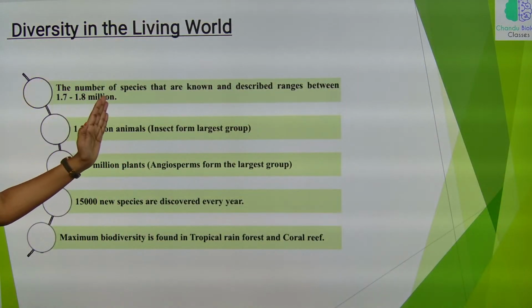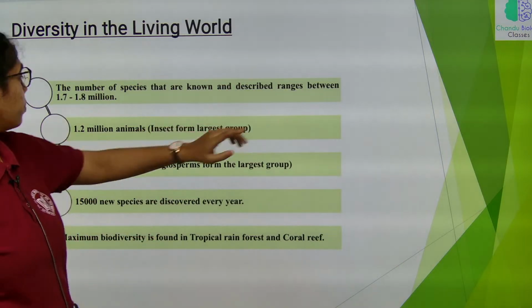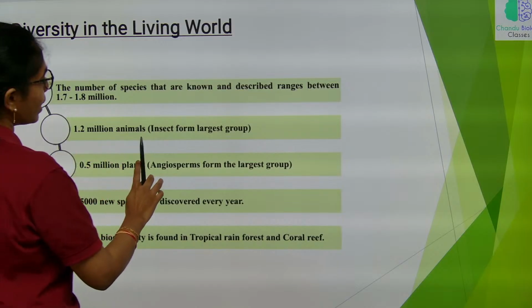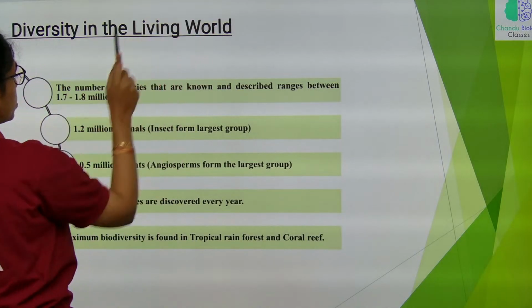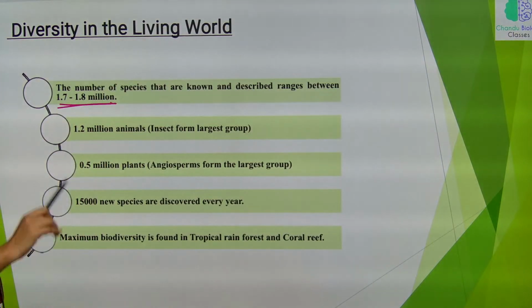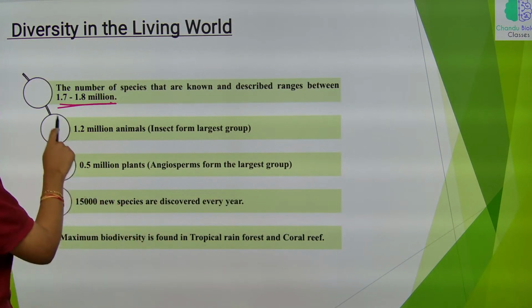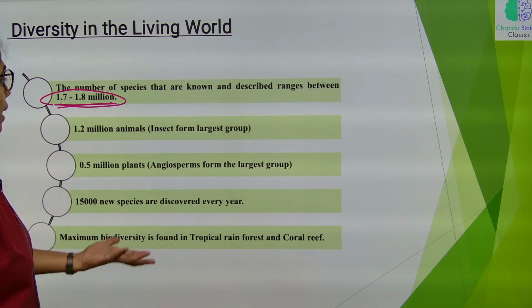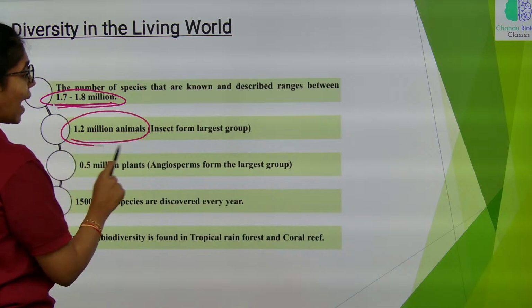The number of species that are known and described ranges between 1.7 to 1.8 million. So far it is analyzed based on the statistics that the number of species that are known and described ranges from 1.7 to 1.8 million species, and then 1.2 million animals are present.